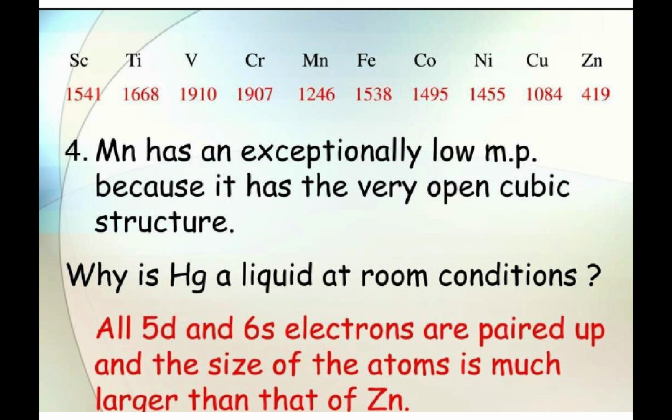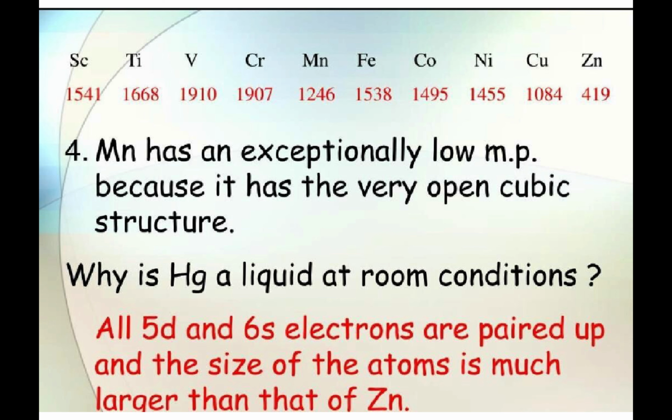Finally, we have to look at why mercury is a liquid at room conditions. You might have heard that it is an exception, as mercury is the only metal that is liquid at room temperature, because its 5d and 6s electrons are all paired up, and its atomic size is much greater than that of zinc.